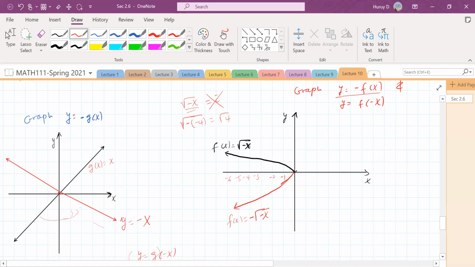And y equals f of negative x, this has to be reflected along the y-axis, right? So what do we get?